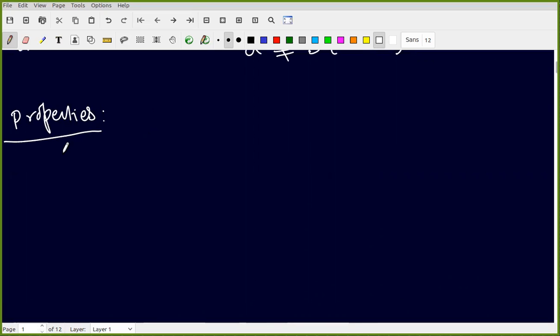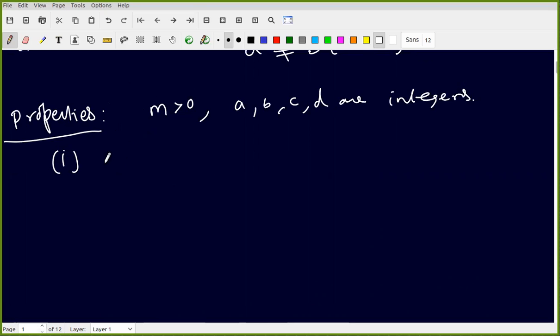The first property. In this set of properties, m is a fixed positive number, and a, b, c, d are integers. The first property is a is congruent to a modulo m, always. The reason is that m divides 0 always. m is a positive number, it divides 0, and 0 is written as a minus a.